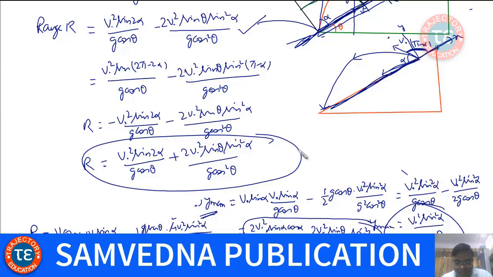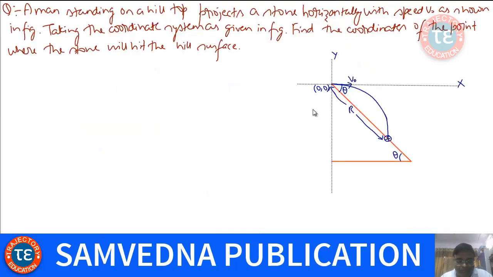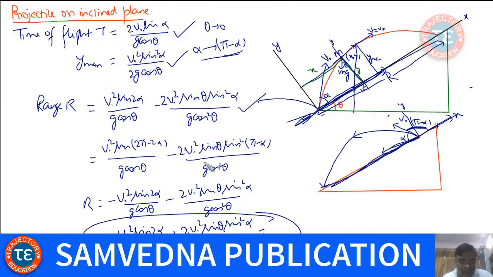So you can do it here itself. The range is v0 square. The first term is simply the formula of range for the projectile on plane surface, over g cos theta. That's the first term.